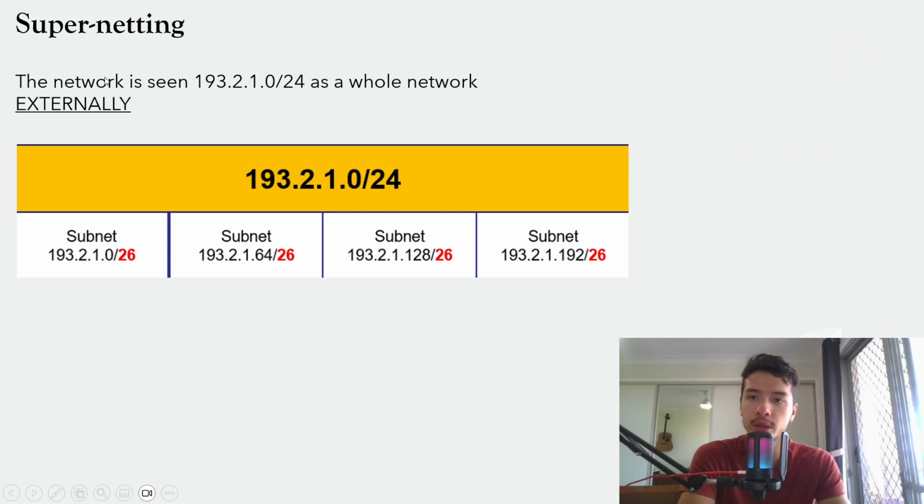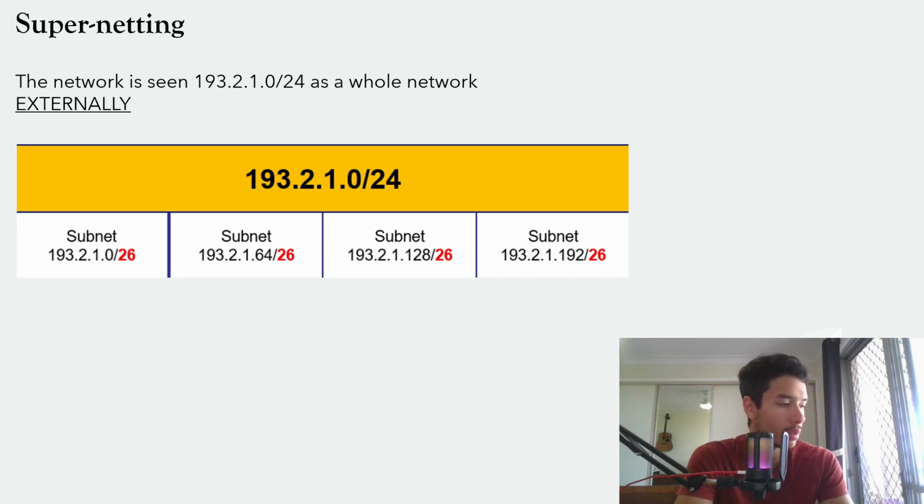We've got this example too, 193.2.1.0/24, which has been split up into /26, meaning there are 2 bits borrowed from the host portion, so you've subnetted by 2 to the power of 2, which is 4. So you have 4 subnets.